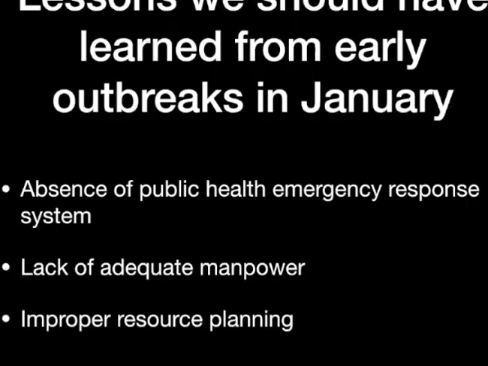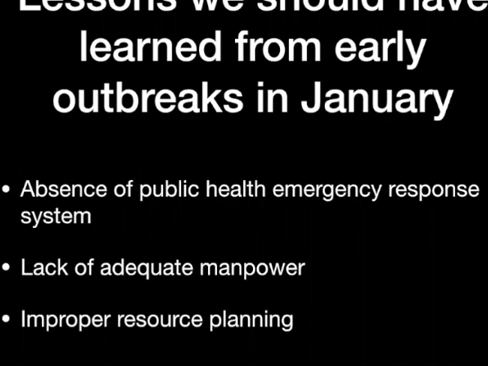So from all the early outbreaks in January, which happened in China, or in February in Italy, these are the lessons we should have learned before it actually started here. There was a clear absence of public health emergency response.